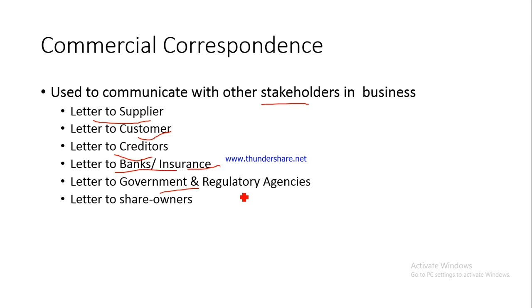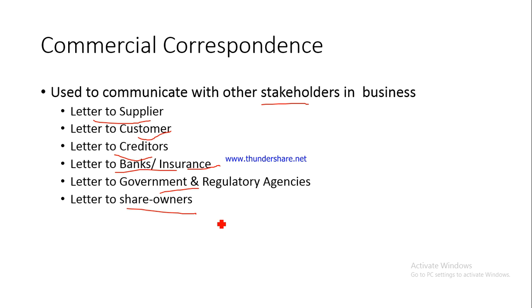So different sectors of the economy have different regulators. They ensure that there is a level playing field for all the companies to compete, and the companies don't fool the customers. So if you are writing a letter to these regulatory agencies, then again this is an example of commercial correspondence. Again, a letter to share owners is also an example of commercial correspondence.